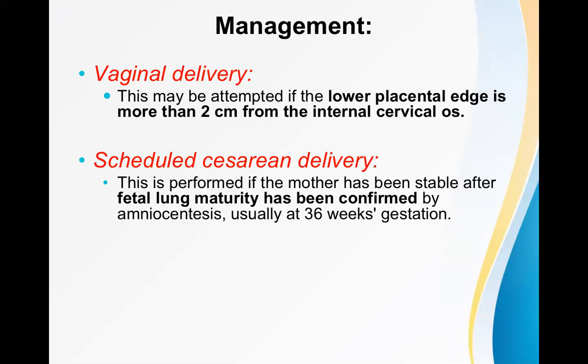And this is performed if the mother has been stable after fetal lung maturity has been confirmed by amniocentesis, usually around 36 weeks of gestation. After 34 weeks, the fetal lung will mature, which is confirmed by amniocentesis. So after that, we can go for elective cesarean delivery for the baby.